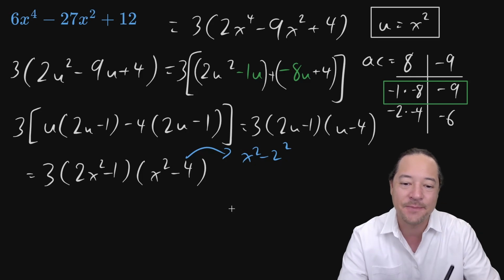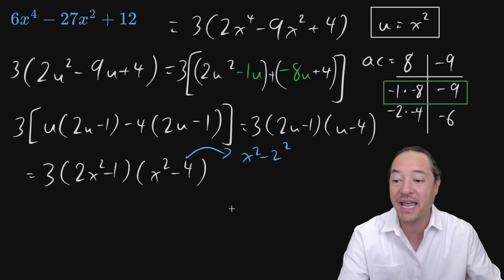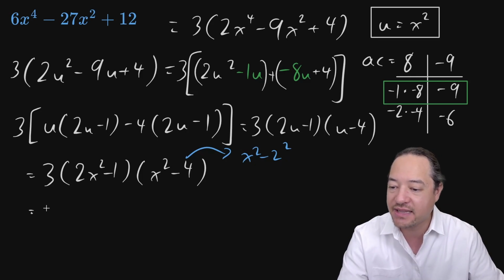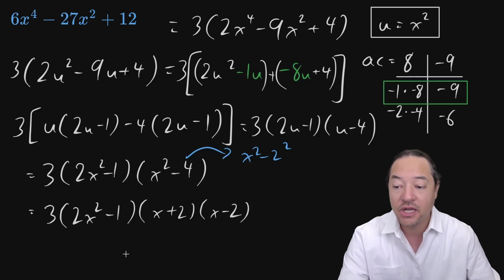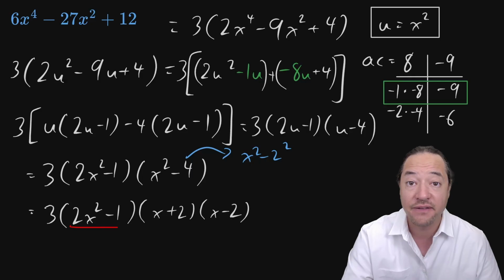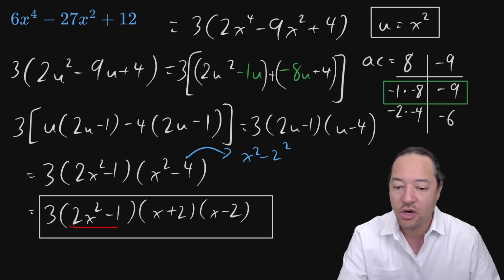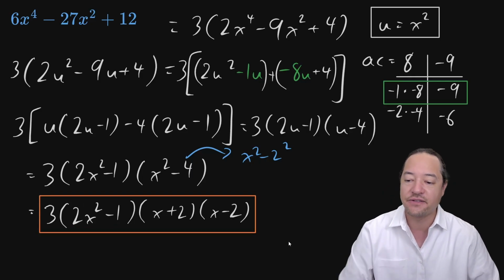And so once again, we can take that last term and break it up. We're going to get then 3 times 2x squared minus 1 times x plus 2 and x minus 2. And now I think we're done. You can check. You're not going to be able to factor this very easily. And so we're going to leave it here as our final answer.